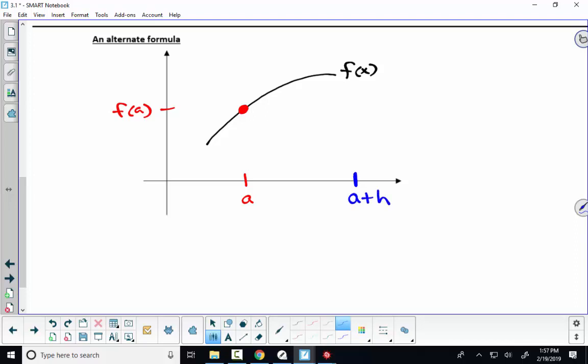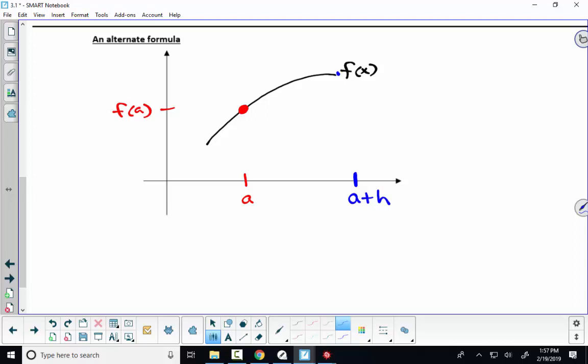We'll call it a plus h instead of x. So the only difference between this formula and the formula we just worked with is we started with this value of a, and then we moved to some x value that we called x. Here we're starting with a and some other value that we're calling a plus h. So that would give us this point, somewhere over here.